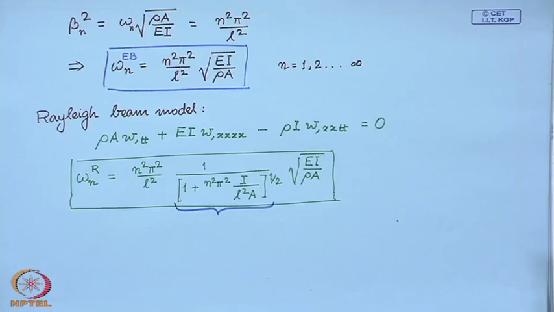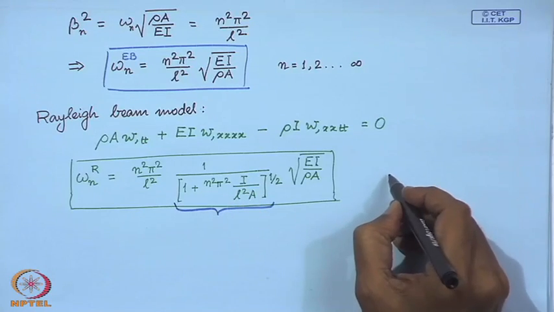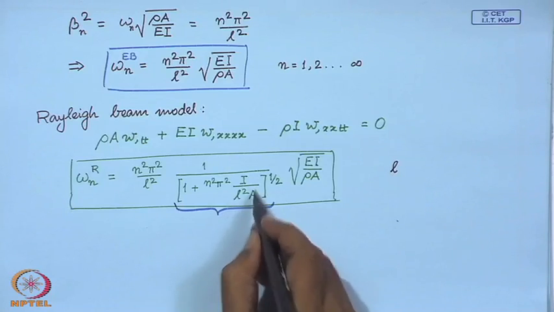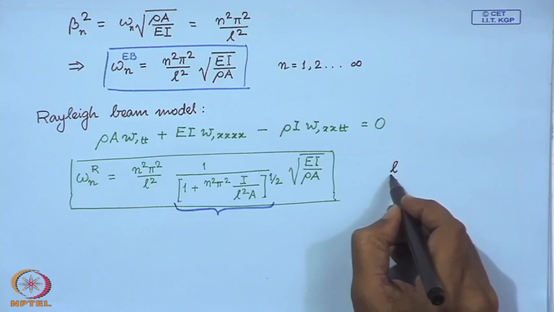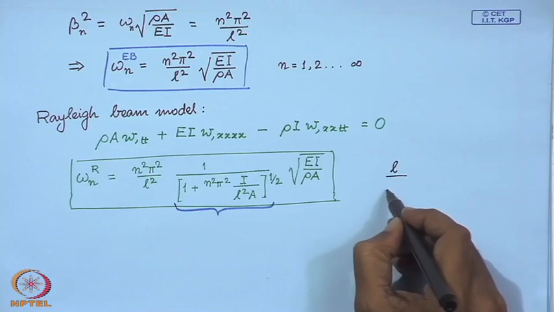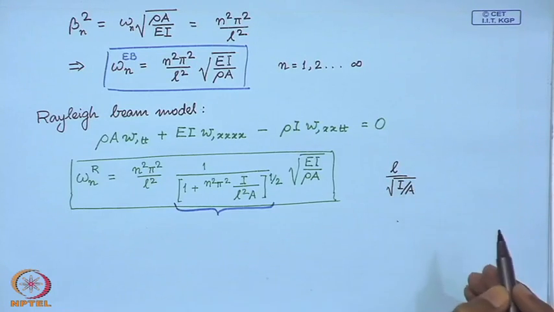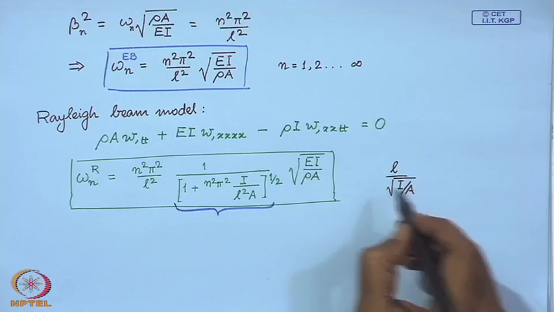Now, if you define, so we have this factor in the denominator, the square of this factor.